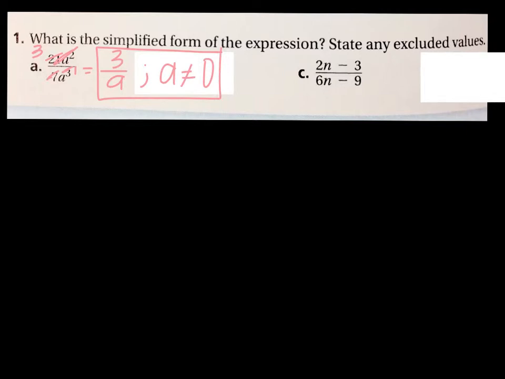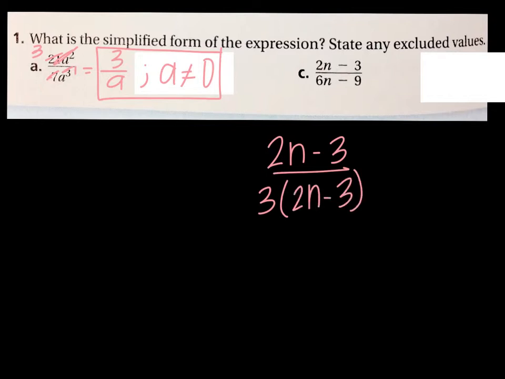All right, and then C, I do need to factor. If you look up top, there is no common factor. 2 won't go into 3, and 3 won't go into 2, so I'm going to leave it alone. But in the bottom, I've got 6 and 9, and I can pull a 3 out, and I'm left with 2n minus 3. I'm going to group the top just so you can see a little better: 2n minus 3 and 2n minus 3 will cancel each other out, and you're left with 1 over 3.